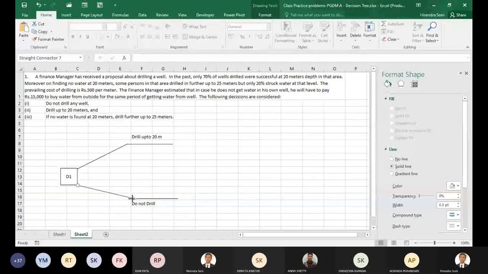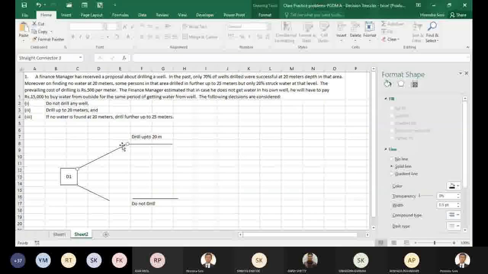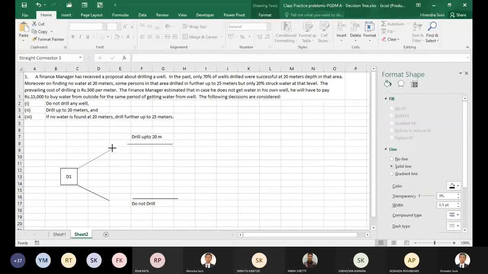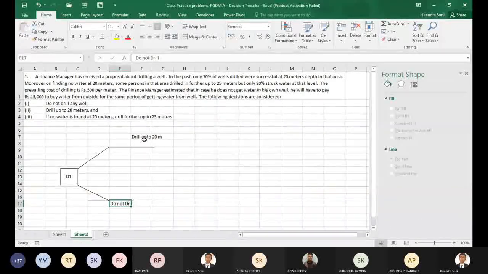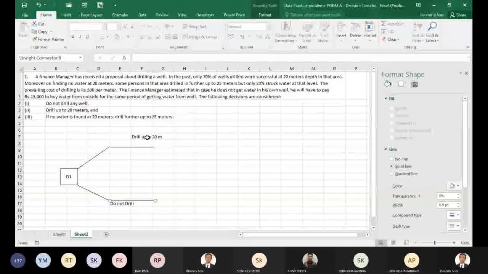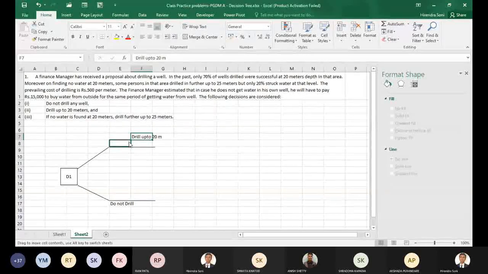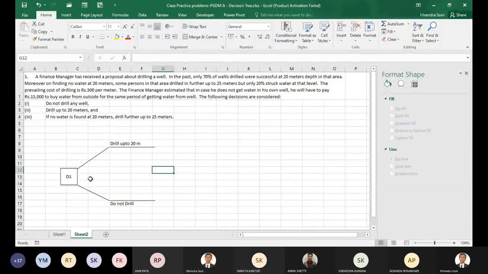Now we can make these a bit smaller. Are these the two decisions that I have in the initial stages? Either I will go ahead and drill up to 20 meters. Second is I should not drill anything.